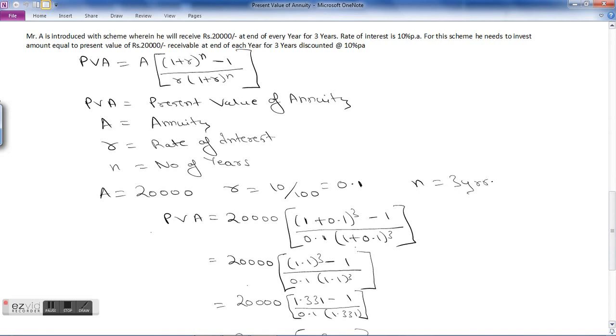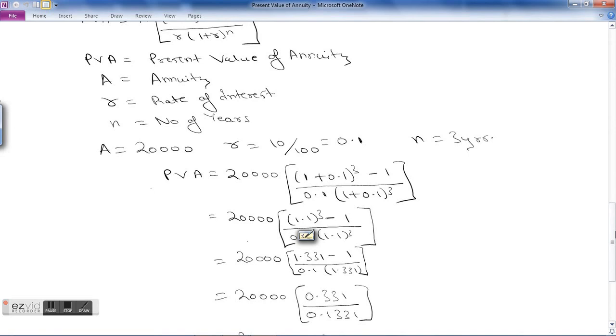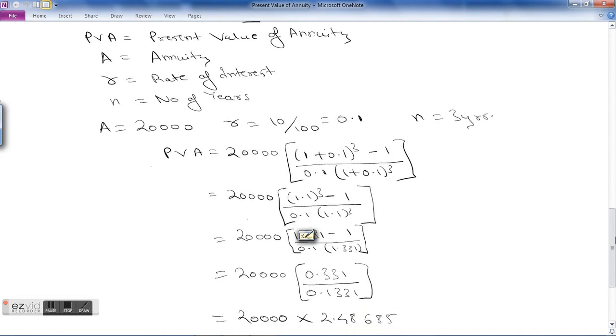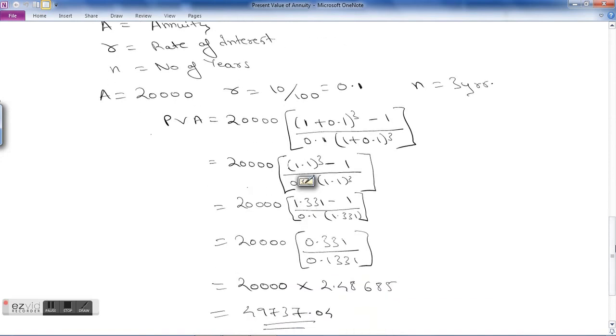That comes to 20,000 × (1.1^3 − 1) / (0.1 × 1.1^3), which is 20,000 × (1.331 − 1) / (0.1 × 1.331), that comes to 20,000 × 0.331 / 0.1331, which comes to 20,000 × 2.48685, that is equal to 49,737.